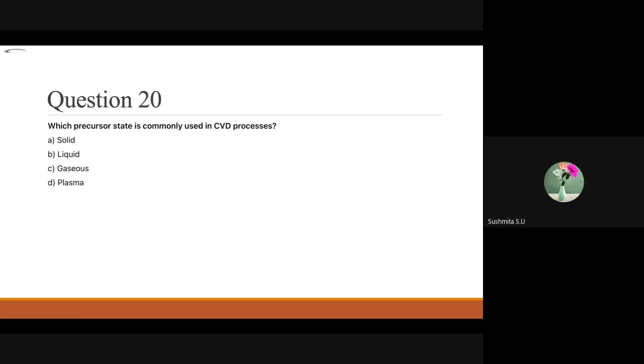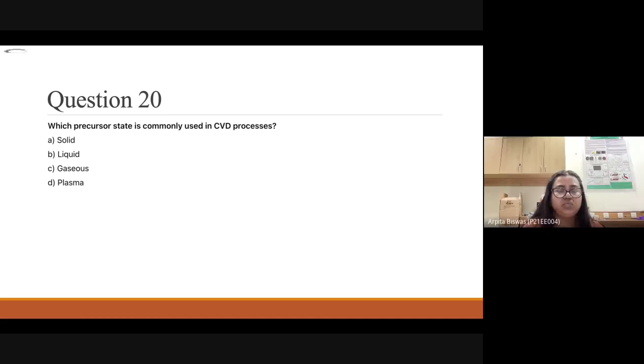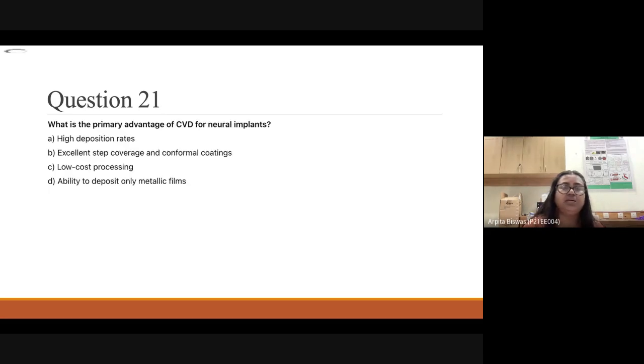Powder form, you were saying solid. No, actually, commonly the gaseous is used, but sometimes it's required in powder format. Mostly used in gaseous format. So option C is the right option.